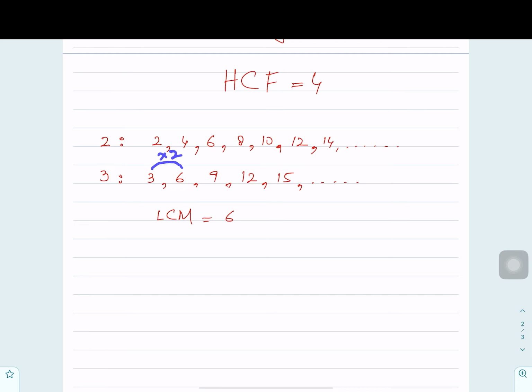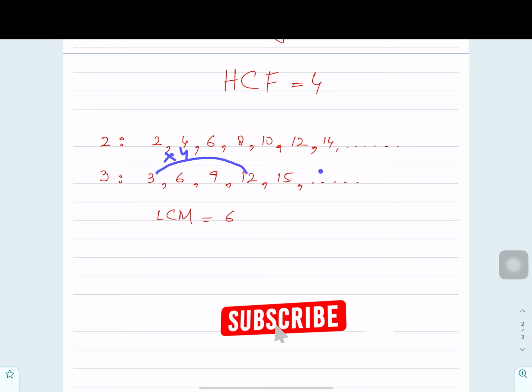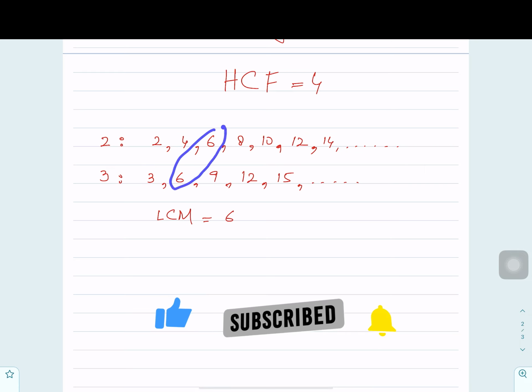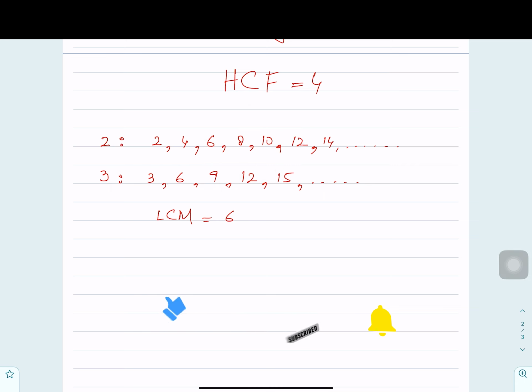First you multiply by 2, then you multiply by 3, then you multiply by 4, so you will get all the multiples. And after that, if they are asking find the least common multiple, there are two multiples. First is 6, second is 12, but the lowest common multiple is 6, right?